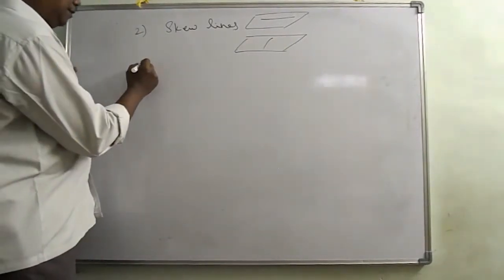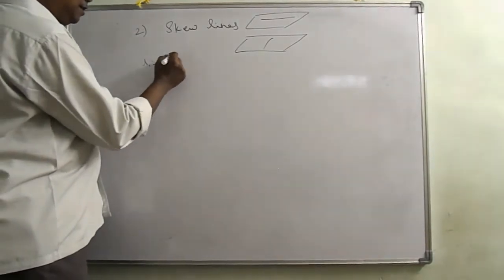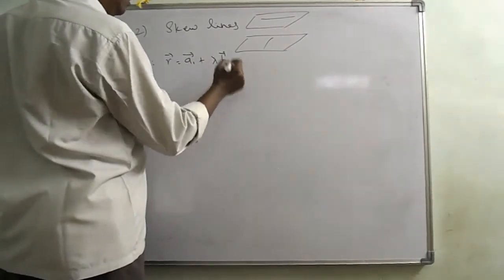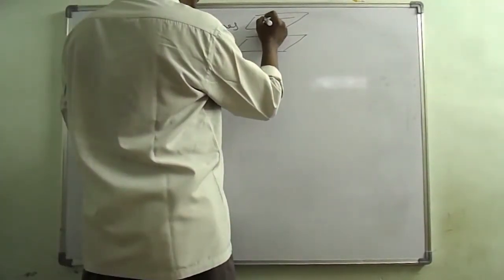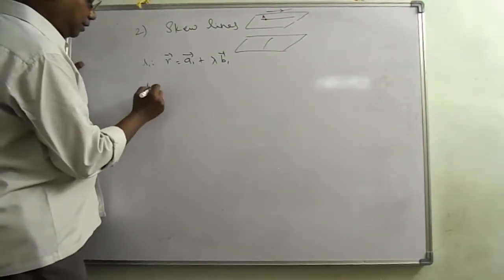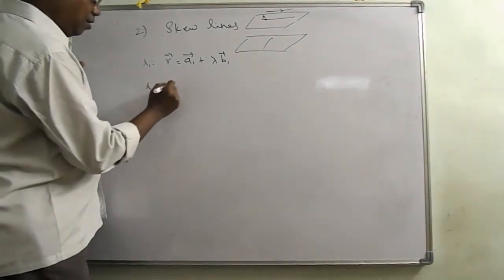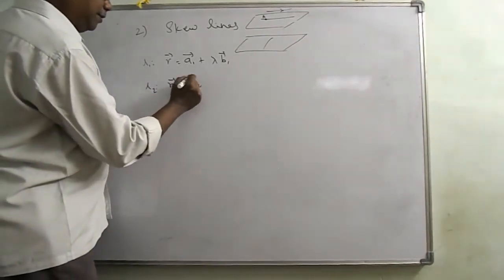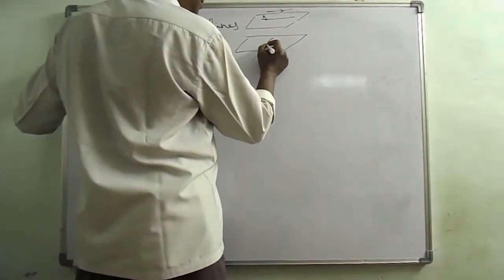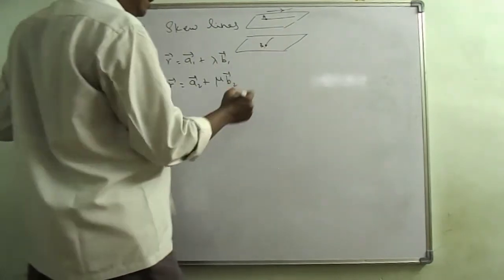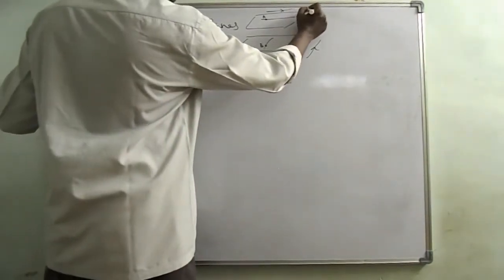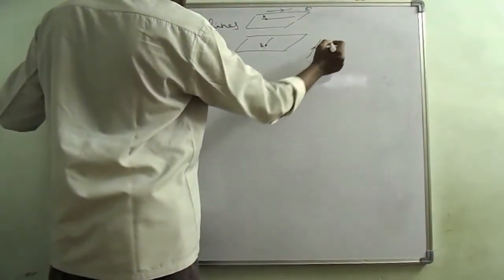So let us take line 1 as R vector equal to A1 vector plus lambda into B1 vector, because it passes through one point and is parallel to a vector. Now line 2 is described as R vector equal to A2 vector plus mu into B2 vector, because this line passes through a different point and has a different parallel vector.